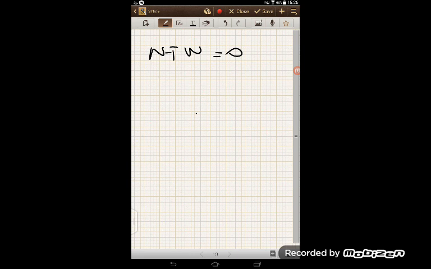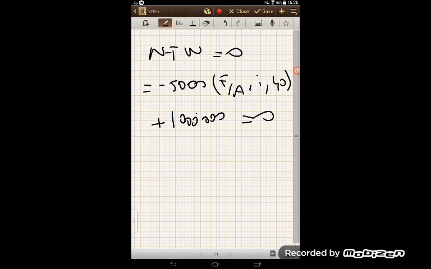Every year the person is paying $5,000, so we can convert it to the future, from annual to future. The interest rate we don't know, for 40 years, and then plus $1 million. This is equal to 0 because net future worth is 0.